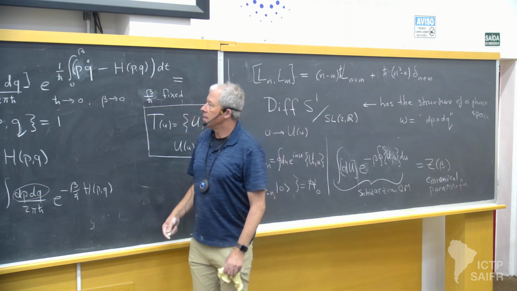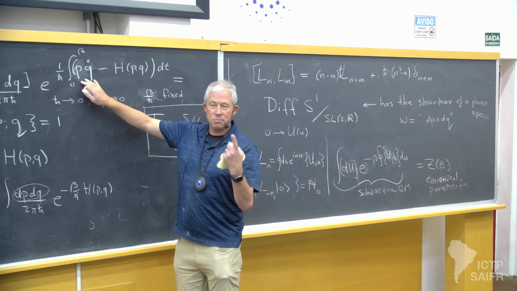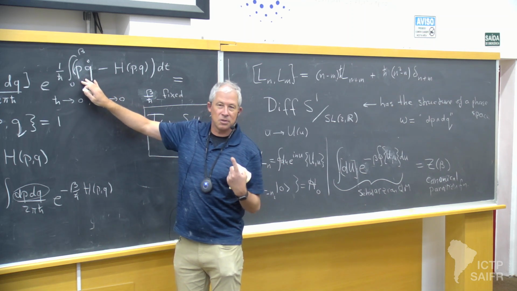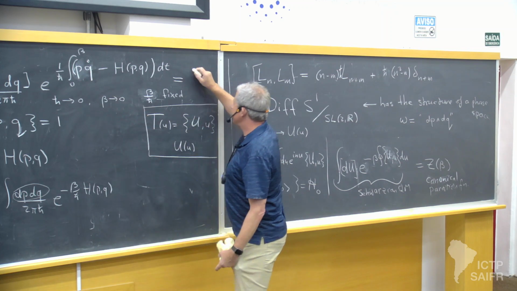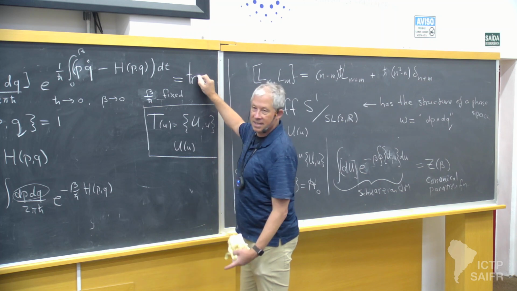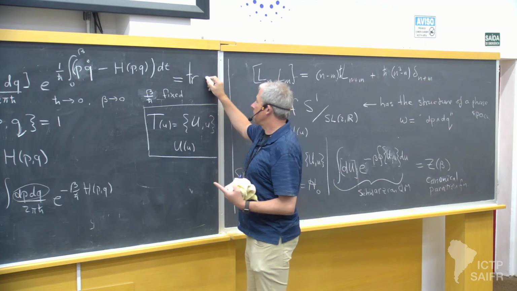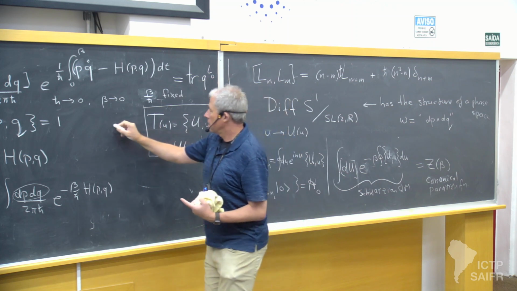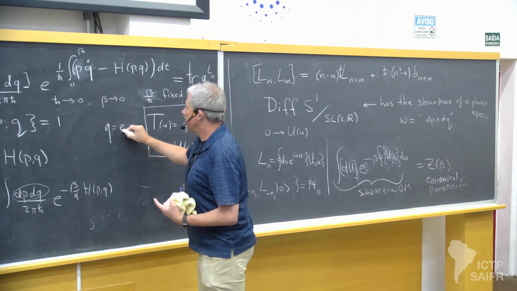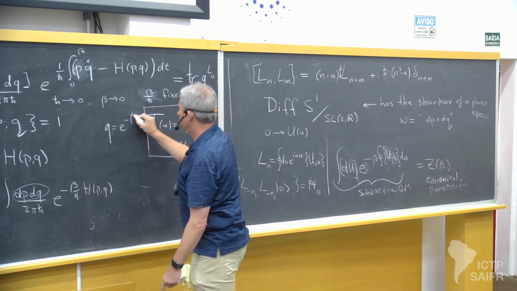I claim that this symplectic form is the symplectic form that gives me the identity representation of the Virasoro algebra. And this is nothing else than the trace in the identity representation of the Virasoro algebra of Q to the power L naught, where Q is e to the minus beta over h bar.